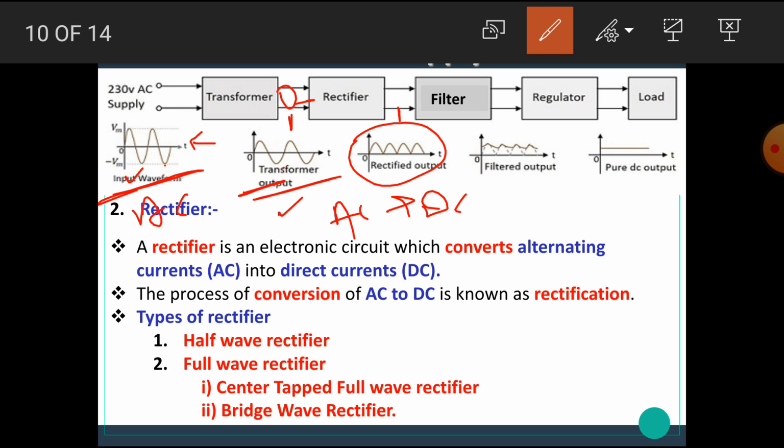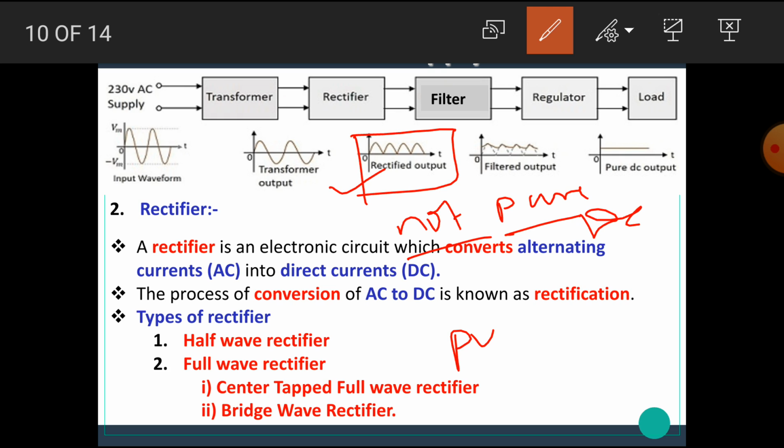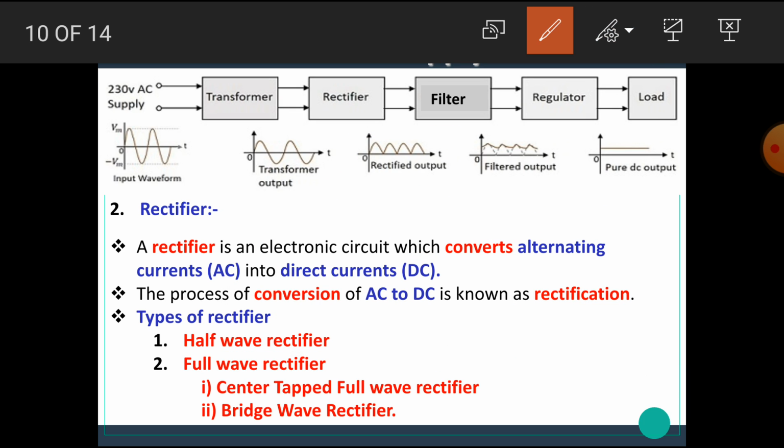Okay, this is the output of the rectifier, in which we can say that this is not a pure DC. It is in pulsated form, or this DC contains some AC plus DC values. Okay, I hope you all understand the concept here. Let's see once again. The rectifier converts AC into DC.